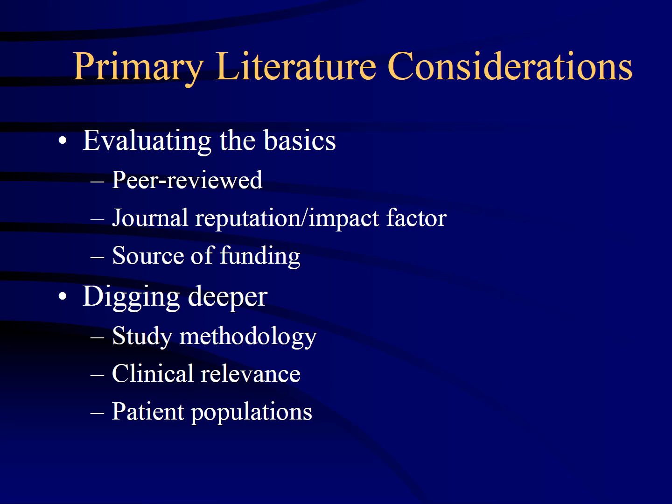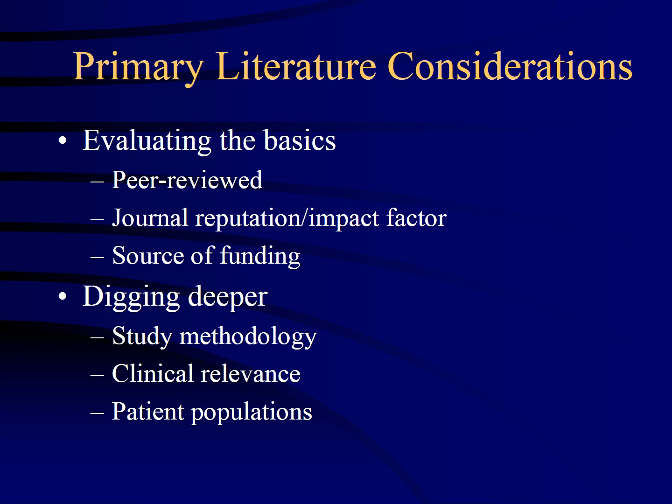Thirdly, the source of funding. Keep in mind with many of the open access journals, which are journals in which the reader does not have to pay to read the article, the author may be required to pay a fee in order to get their article published.